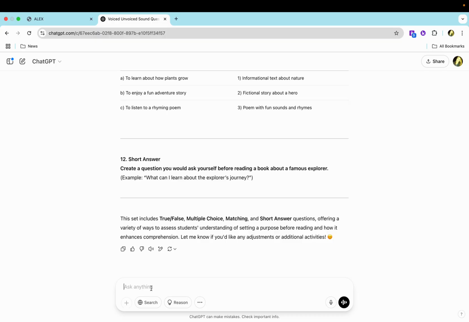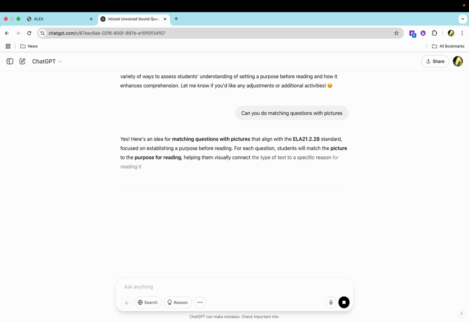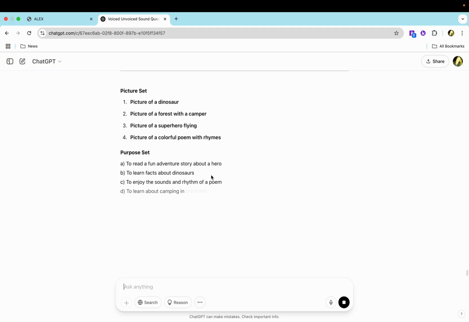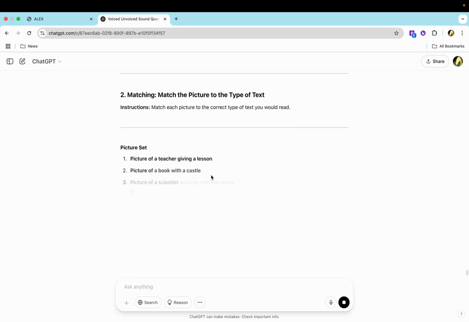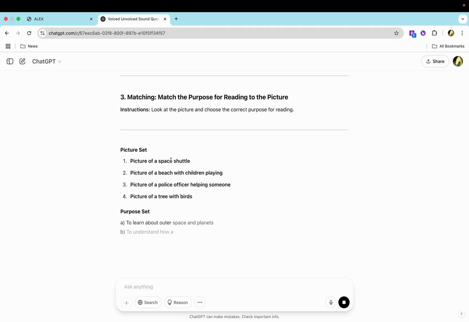One thing that I do like to do at the beginning of the year with my second graders was picture questions. Can you do matching questions with pictures? Okay.